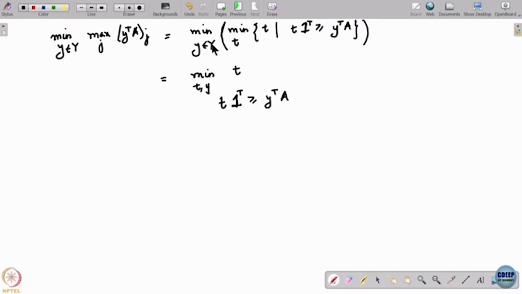What are the constraints in y? Capital Y is just saying that small y is a probability distribution, right. So, y is greater than or equal to 0 and the summation of the components of y is equal to 1, right. So, is this fine?